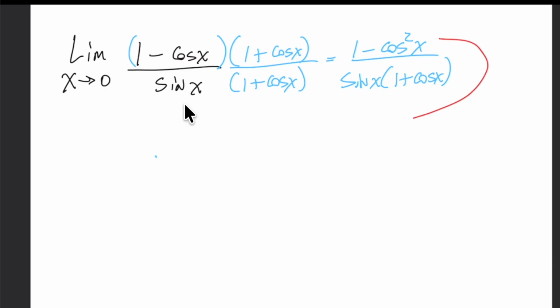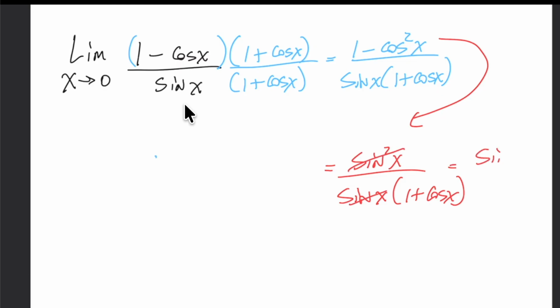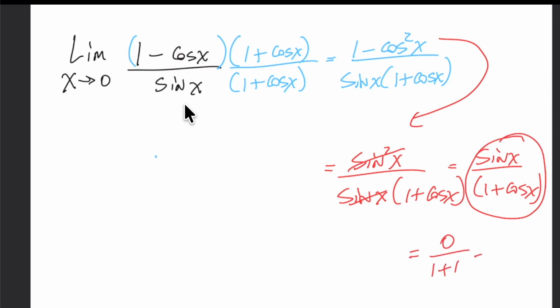This numerator we recognize as sine squared x. Then one of these sines is going to cancel out, and we're going to end up with applying 0 into this limit. On the top we're going to get 0, on the bottom we're going to get 1 plus 1, 0 over 2 is 0, so we get the same answer.